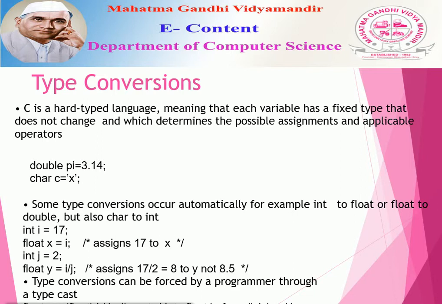But if integer j is equal to 2, and float y is equal to i divided by j, it will divide the value of i, 17, by the value of j, 2, so 17 divided by 2 is equal to 8, but y is not 8.5. Type conversion can be forced by the programmer through typecasting.